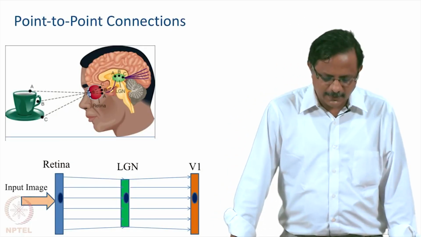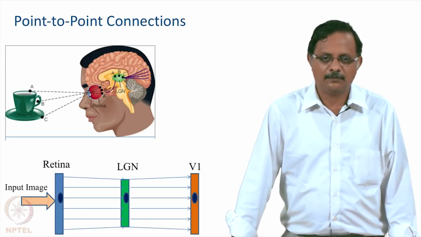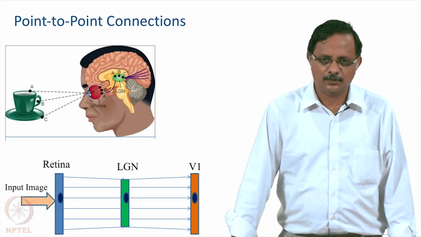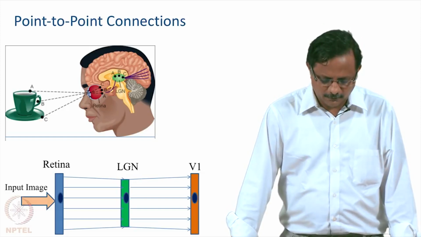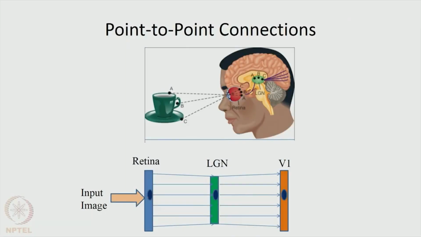Consider the retina on which the input image falls. Information from the retina goes to the LGN, and from there it goes to V1. What we mean by point to point connections is, if you place a small dot of light on the retina, that produces a very specific image on the LGN: a small local cluster of neurons gets activated in response to this dot, and then when the LGN projects to V1, another local cluster of neurons in V1 gets activated.